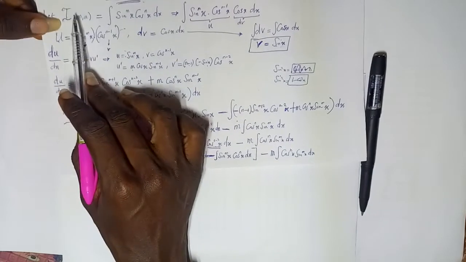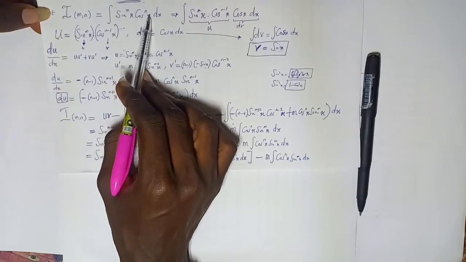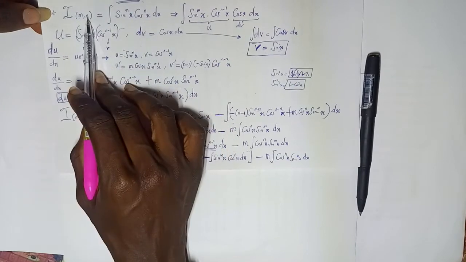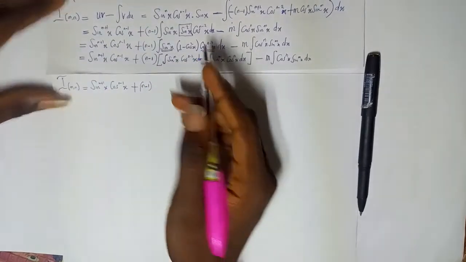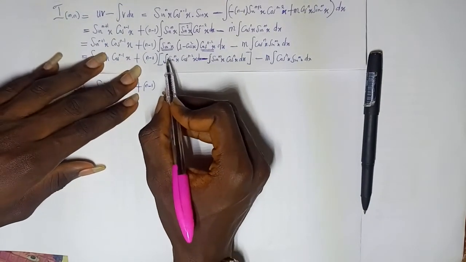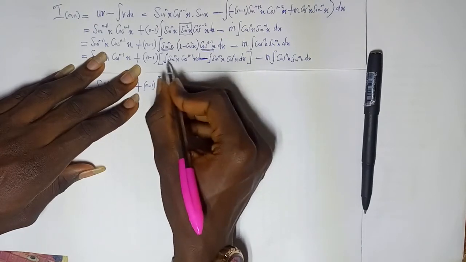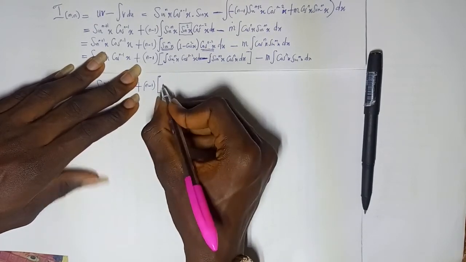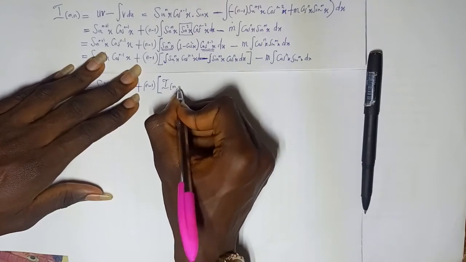Remember that we made an assumption from the beginning that let I of m comma n represent sine mx cos nx. So if you have n minus 2 here, this will be n minus 2. If you have n plus 1 here, this one will be n plus 1. So now let's come back to this. The assumption can be easily made here, whereby what I have here, sine mx cos n minus 2 of x, represents I of m comma n minus 2.